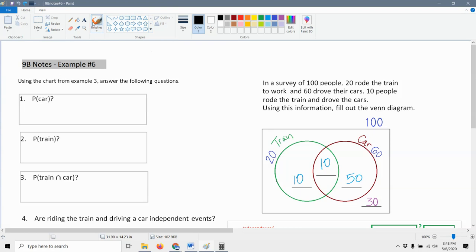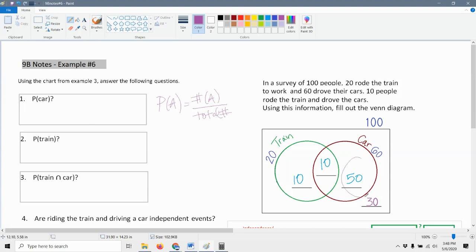And as you guys know, when we find probability, we want to find the number that's in that category, and then on the bottom is that total number in the sample space. Okay? So we want to find out how many drove a car to work.